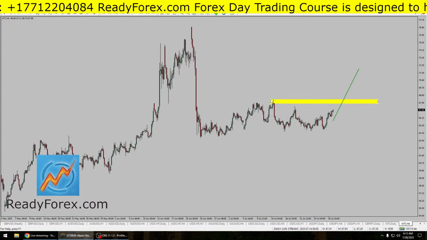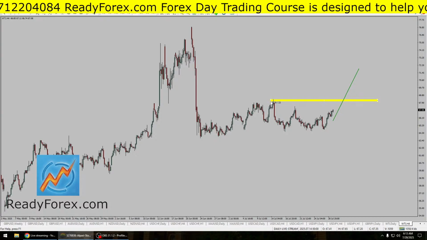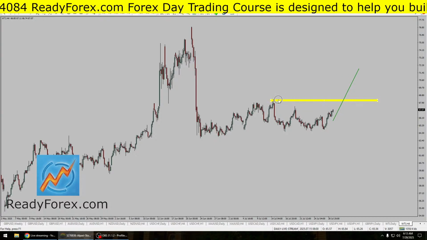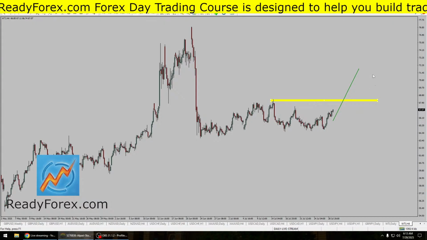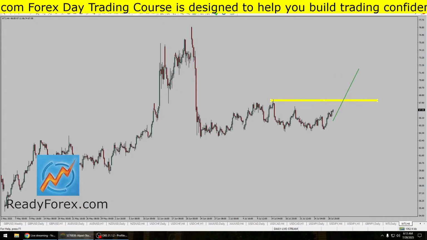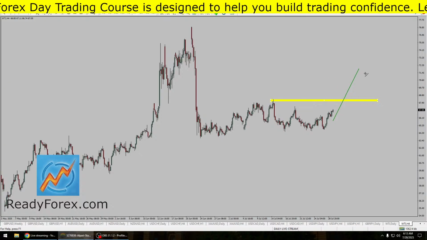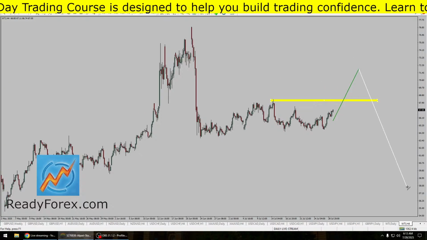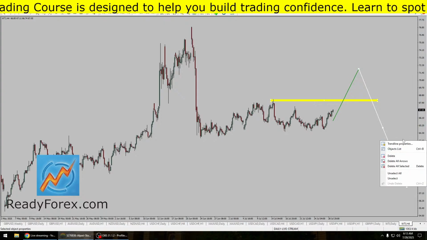So this is the old swing high, and the way I see it, price action is most likely going to break above this high, then it's going to print a top and then start the decline. So this is what I'm expecting with WTI crude oil.